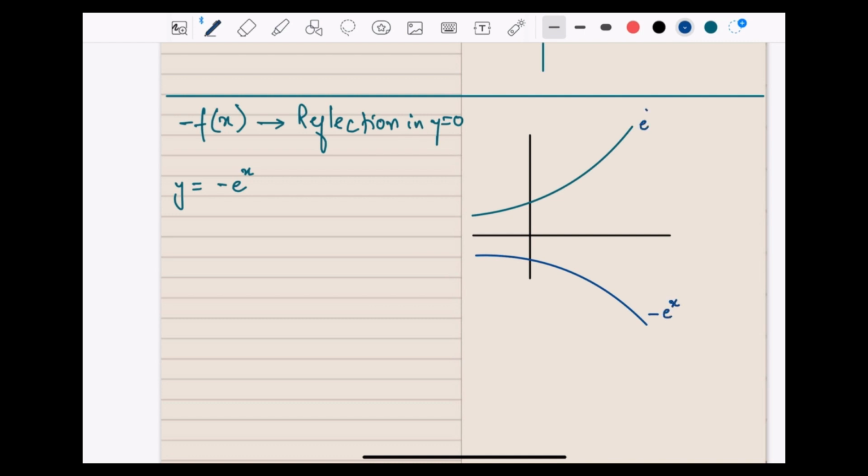The asymptote, since it's a reflection in this line, remains the same and won't change. The range of this function is y less than 0.